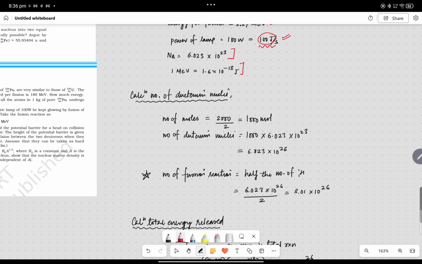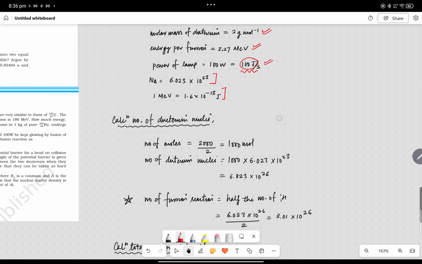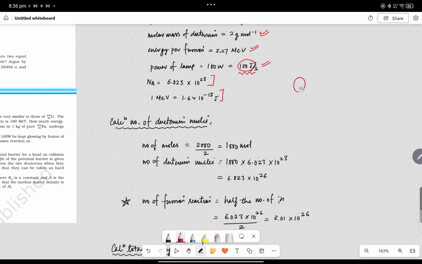Then after that you have to understand what the question says. A bulb is there, and it takes power of 100 watt, meaning 100 joules of energy is needed per second for it.